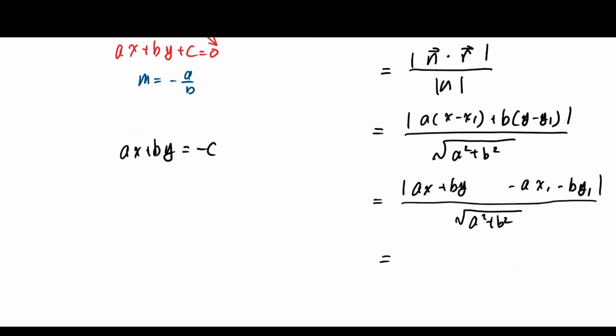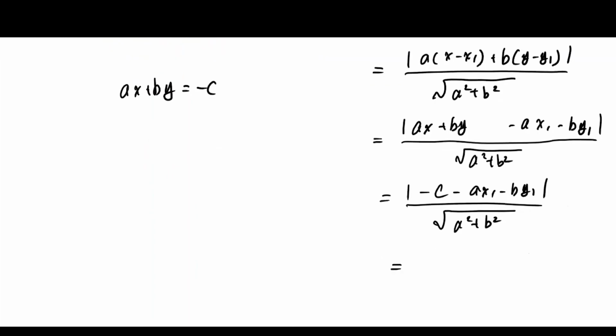So we have the absolute value of negative c minus ax1 minus by1 over the square root of a squared plus b squared. Absolute value takes all of it to be positive and it's the same thing. Distance formula from a point to a line. How about that, huh?